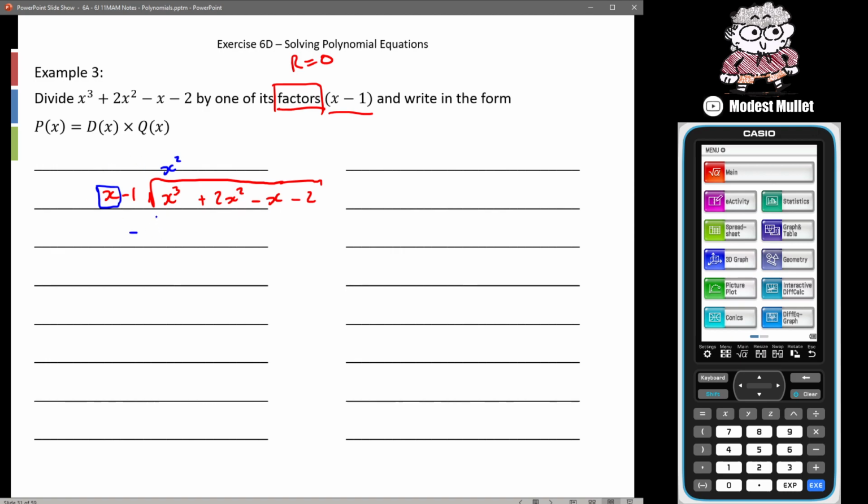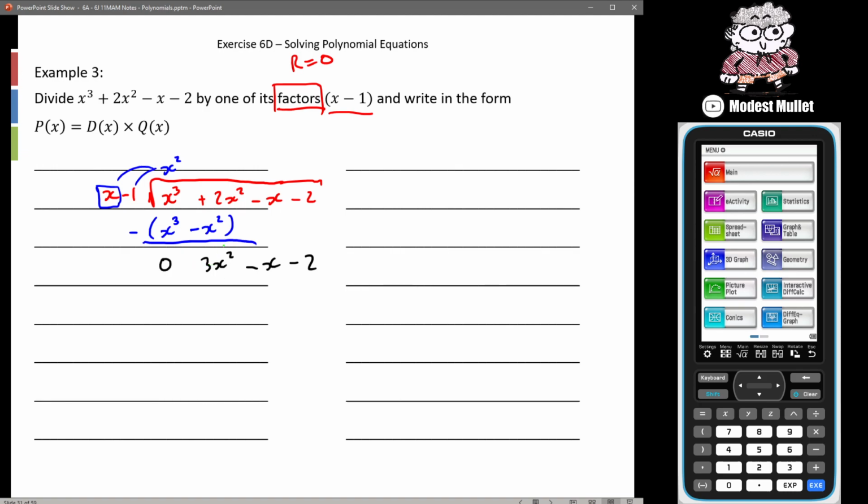I multiply that by everything out the front, so x squared times x is x cubed, x squared times negative 1 is negative x squared. Apply the subtraction now, so I get 0, 2x squared take away negative x squared becomes 3x squared, take away x, take away 2, and then I just repeat the process again.